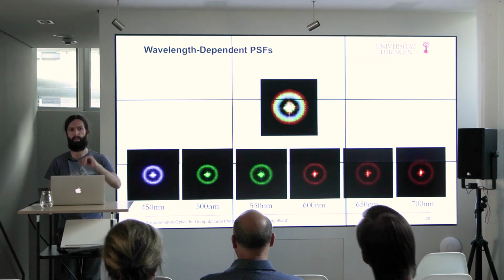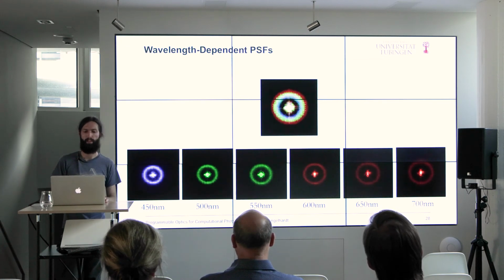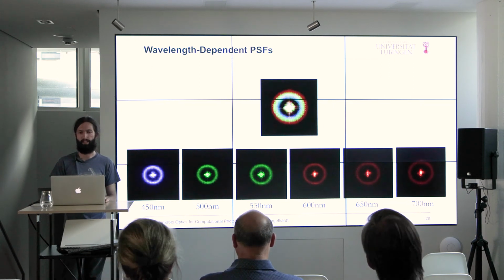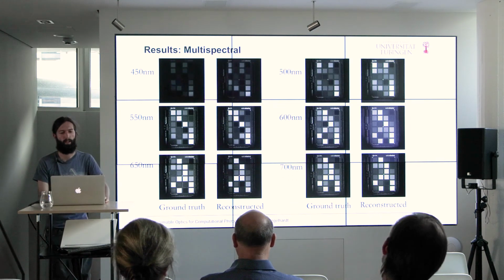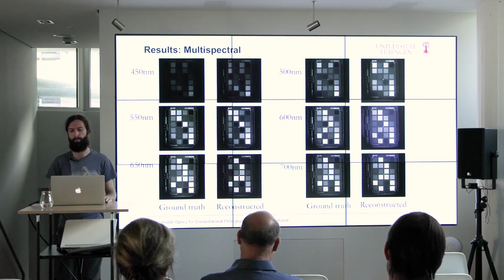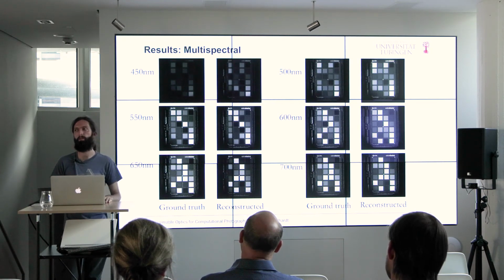For example, this ring PSF is pretty well suited for that because it also shows a fringing in all directions, which is what we are after. And then we can invert that or reconstruct from this up to 6 bands. Actually, we extended that work even to up to 32 bands by using a neural network for the reconstruction afterwards.